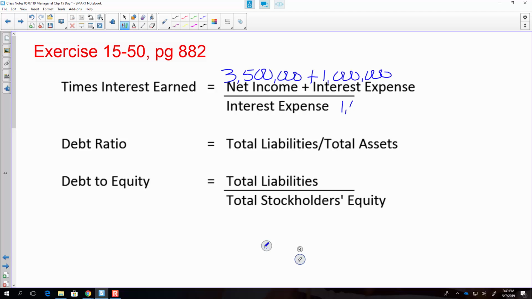And we're going to divide by 1 million. $4.5 over 1 is 4.5, right? 4.5 times.